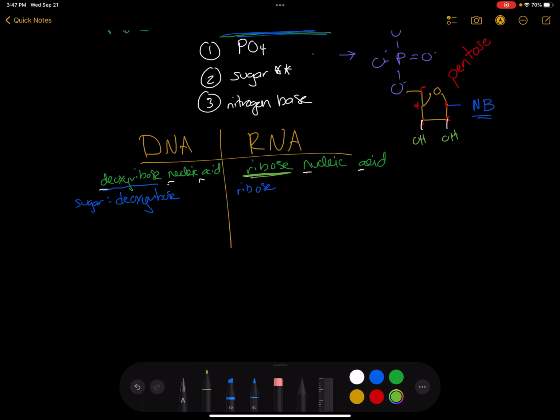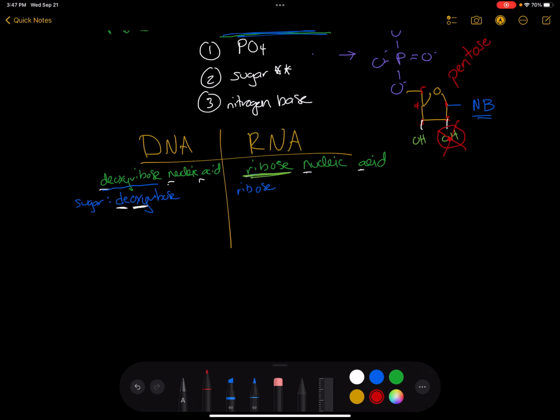But if we think of the word deoxyribose, well, think about what D means. D means not or un, and oxy is referring to oxygen. And so when we look at my deoxyribose sugar over here, this one right here doesn't exist because DNA is deoxy, or it doesn't have that oxygen there. Ribose would have both of them. So that's just a structural thing.